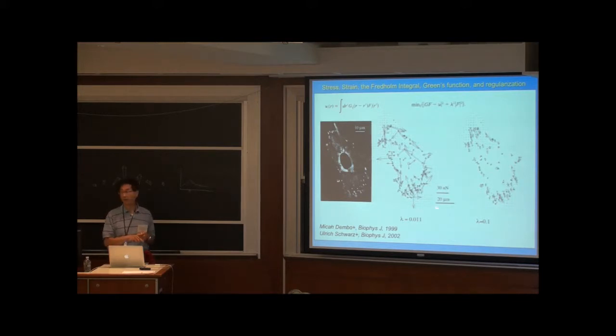What happens if this lambda gets very large? What happens is that ultimately you'll end up with 2-point sources of force, right? This will just be one force here and one force here, and everything else will go away. So the problem with this whole method is that as an experimentalist looking at biology, as a researcher, we don't know what the forces should look like, right?